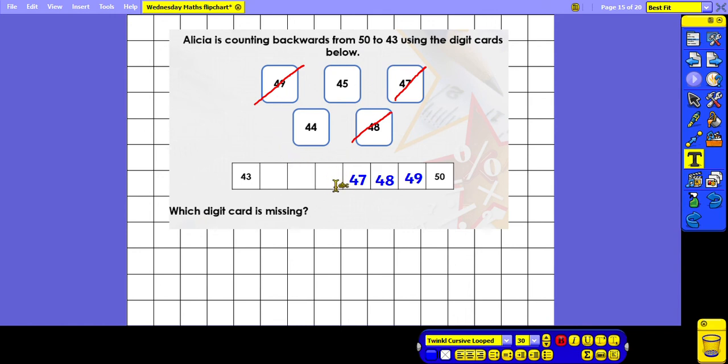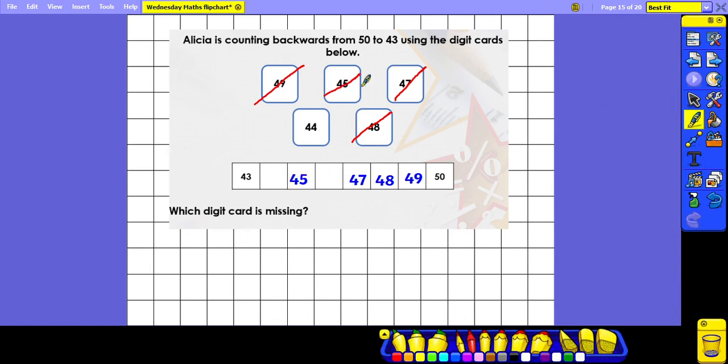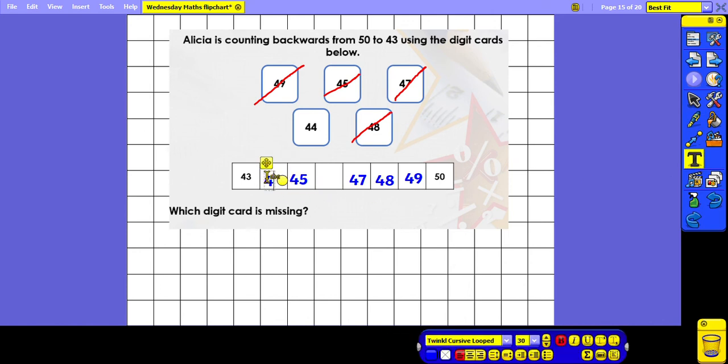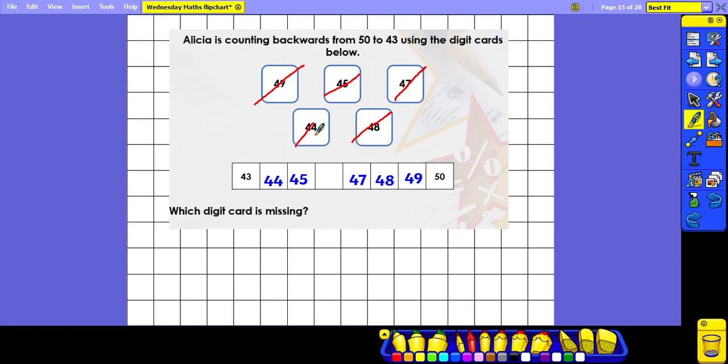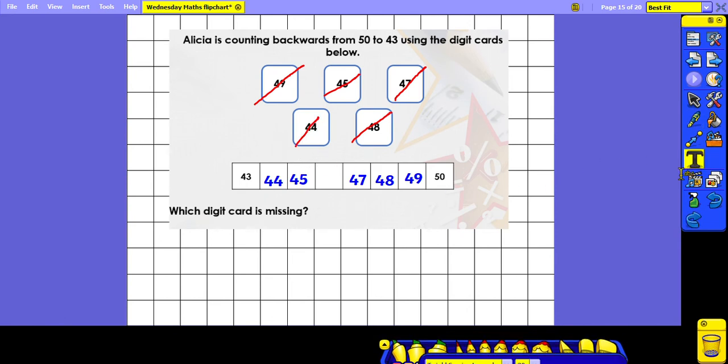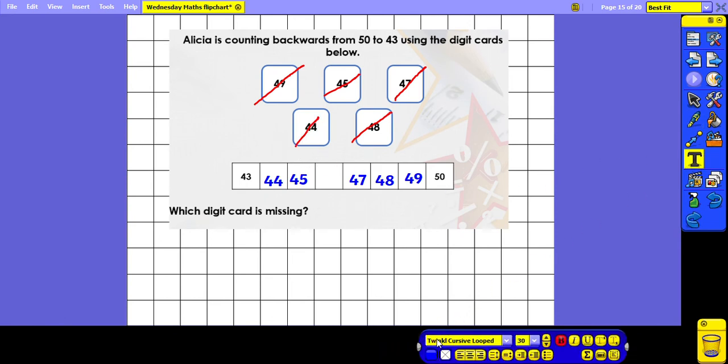So it would be 46 here, then 45, and then 44. So we know that the missing number card is 46.